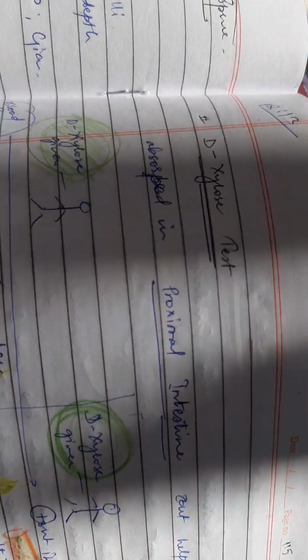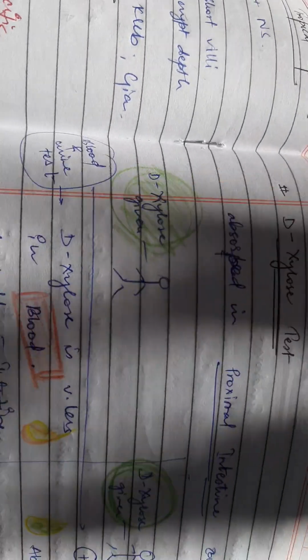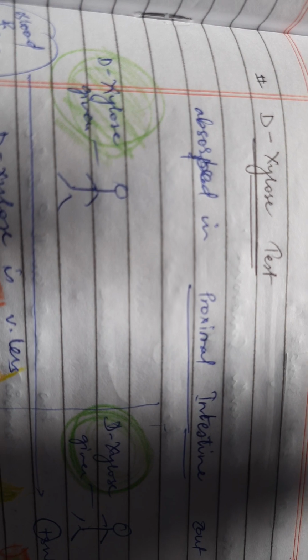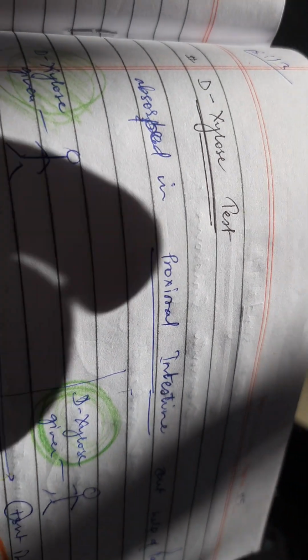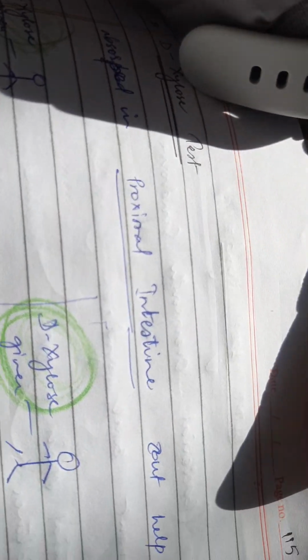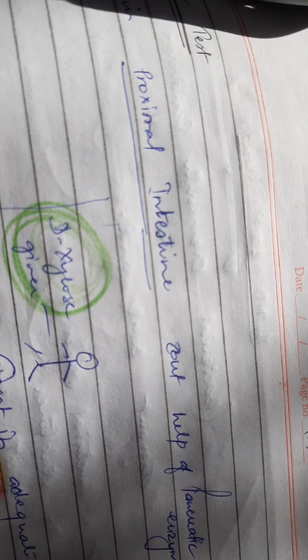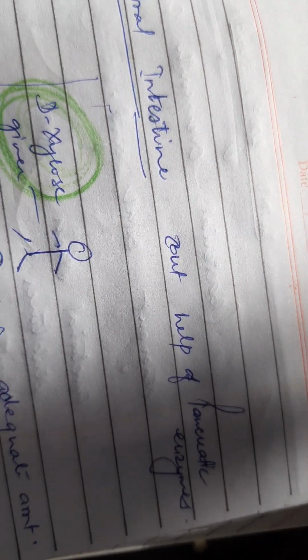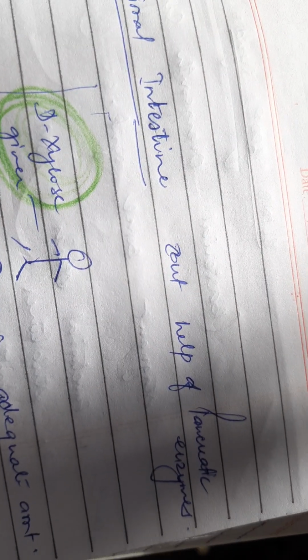And what is the D-xylose test? D-xylose is absorbed in the proximal intestine, proximal meaning the duodenum, without the help of pancreatic enzymes. D-xylose is absorbed in the proximal part of the intestine without the help of pancreatic enzymes.